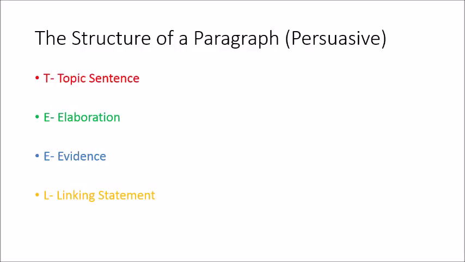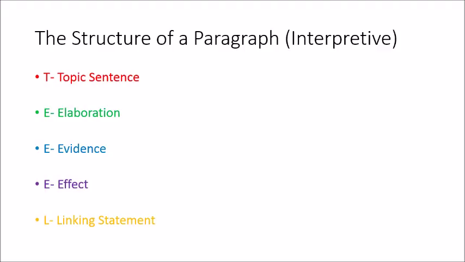When we're interpreting something, however, we add another E to this structure, and this is a new skill that we're looking to develop. The next E that we're going to add comes after the evidence, and we call it the effect. So you can see that there's actually 5 sections to the structure that we're using when we're doing an interpretive piece: the topic sentence, the elaboration, the evidence, the effect, and the linking statement.